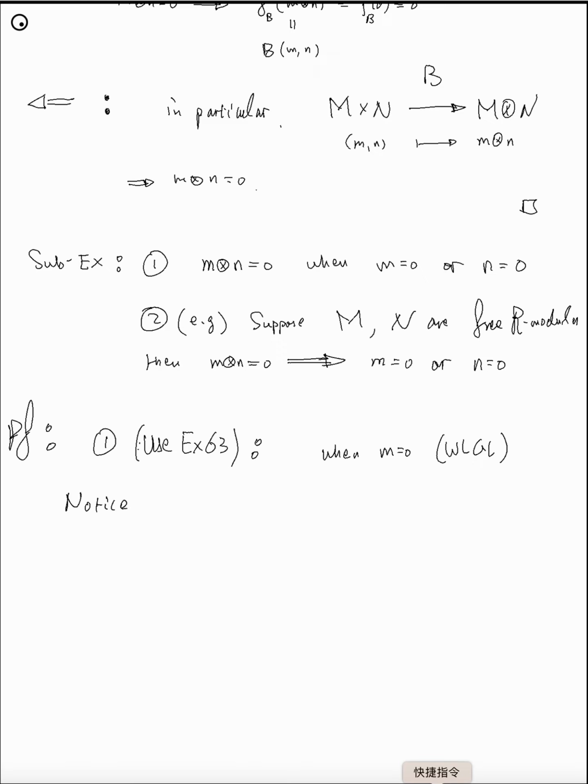Notice any bilinear map from M times N to whatever R module P, so M equals 0, you have n, this must be mapped to B(0, n), but this is also 0 times n, because this is an R module map, this is 0, whatever element.